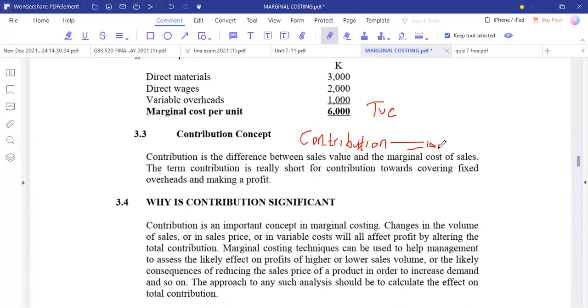So 10,000 minus 6,000, the contribution in this case will be 4,000. That is our contribution per unit. So this is 4,000.